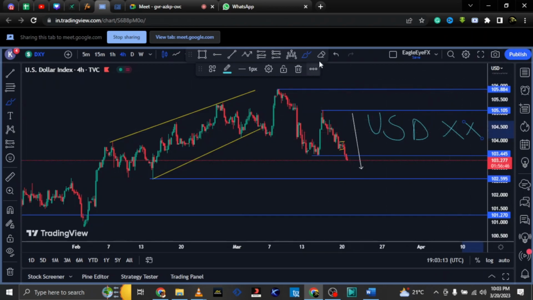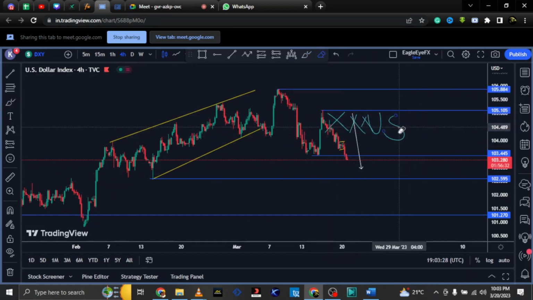It's one of the things I've observed with time. The opposite is also true. Any pair that starts with XXX USD normally goes in the opposite direction of the dollar index.